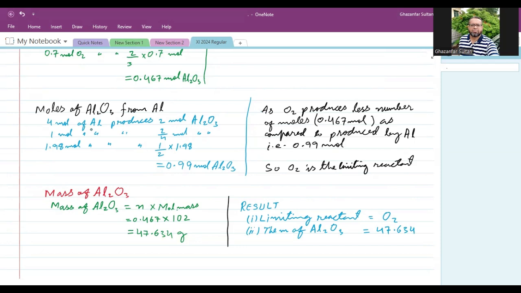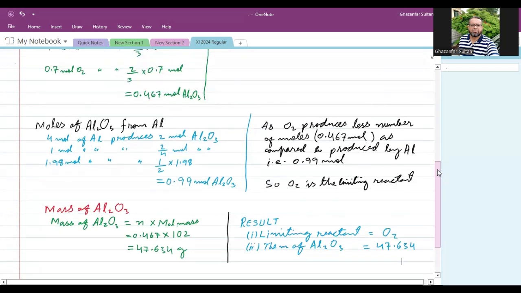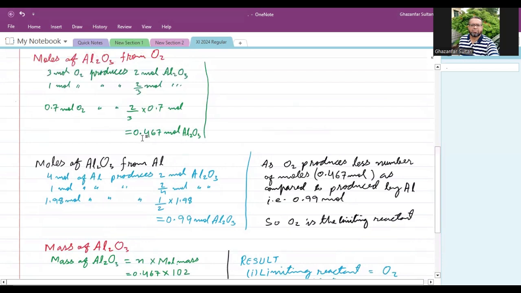47.634. So actually what we are doing here, we first calculate the number of moles produced from both of the reactants, and whichever produces the lesser number of moles, we go for further calculation using that number of moles.